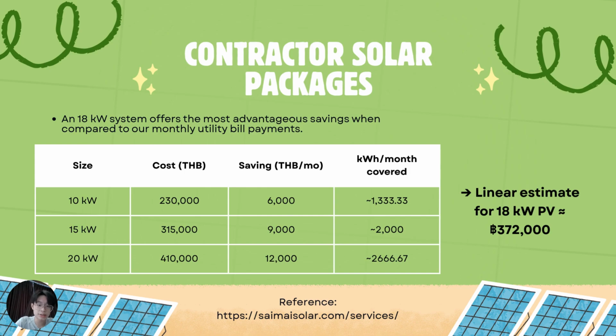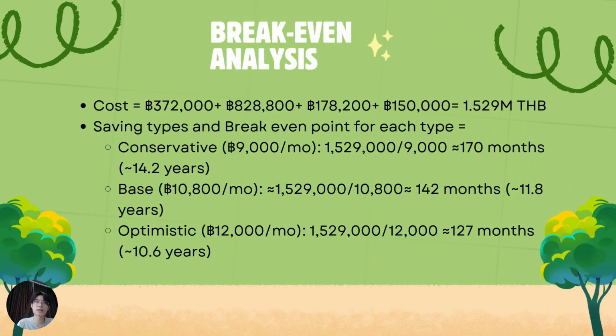So this is the optimistic approach. So we also came up with the conservative and baseline, considering that it might not reduce as 100% as we think. Yeah, so these are the numbers that I came up with.